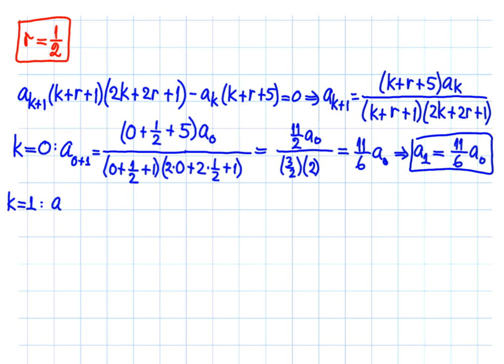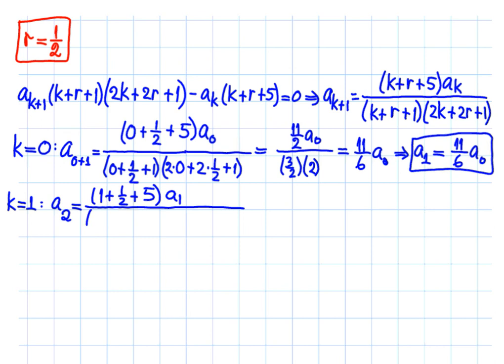Next, k is 1, so I skipped a few steps here. We're not skipping any step. K is 1, so we have 1, 1/2, and then 5 a of 1.